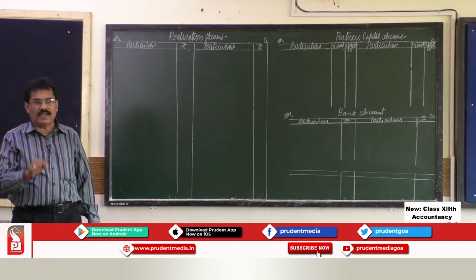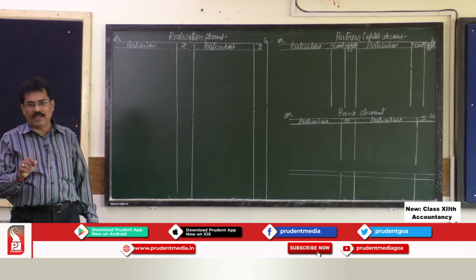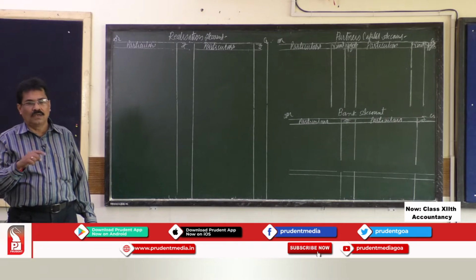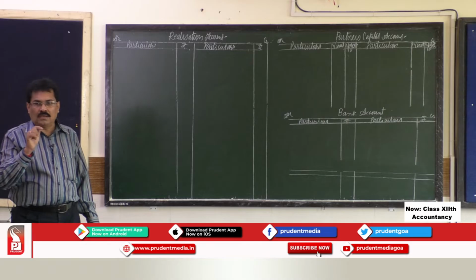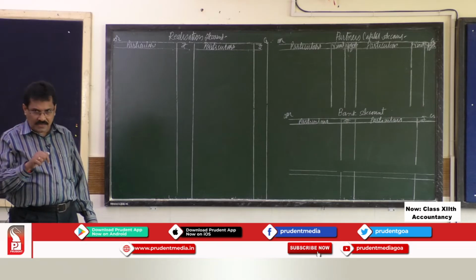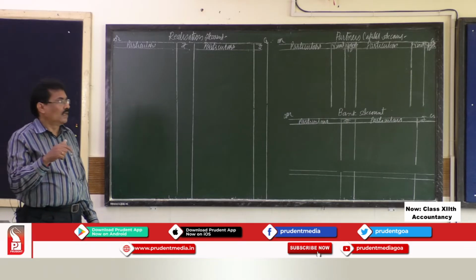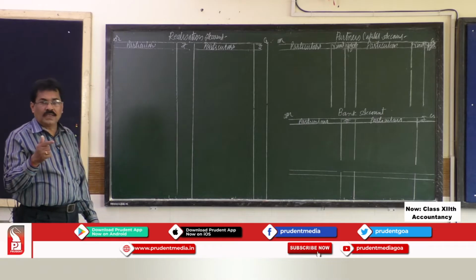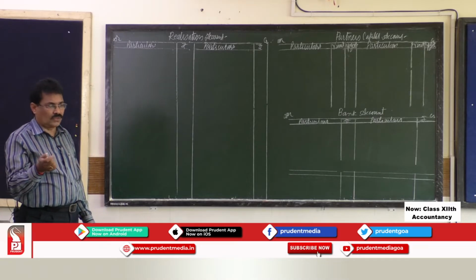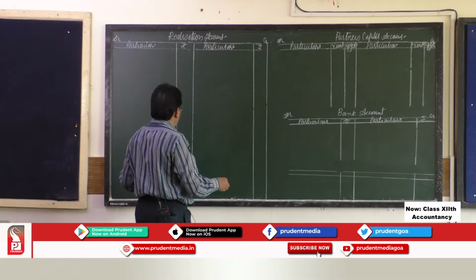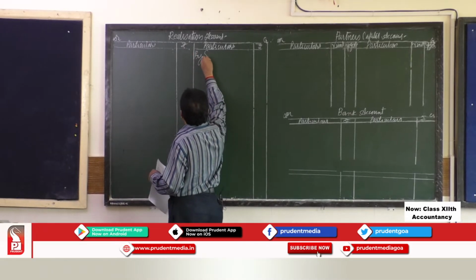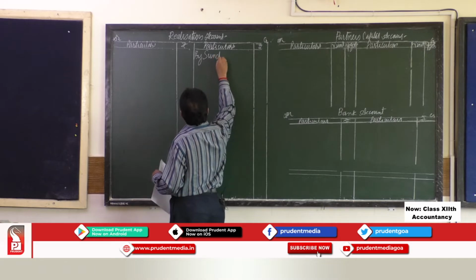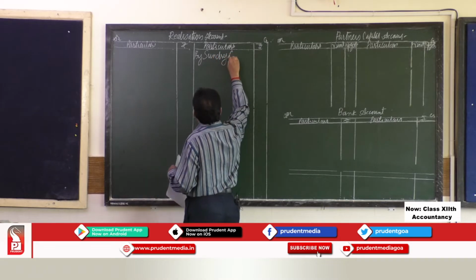So, to close the creditors account, we have to debit that, and in the realization account it comes on the credit side by sundry liabilities account.